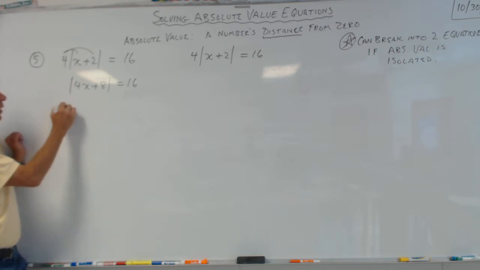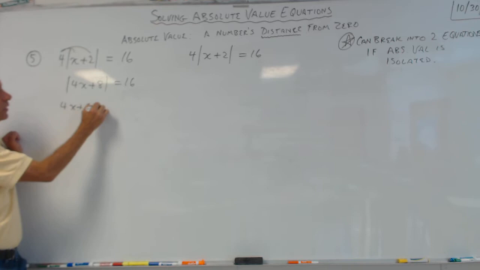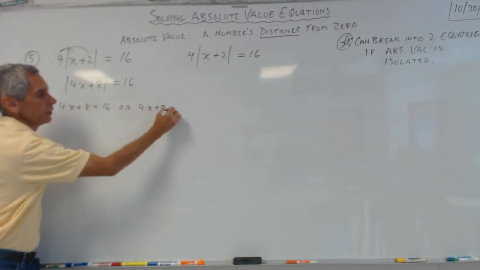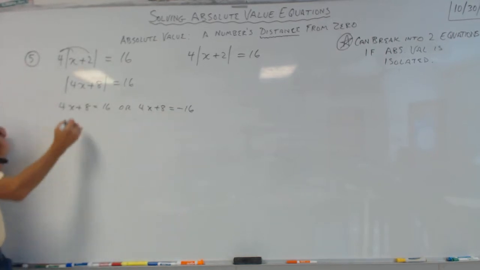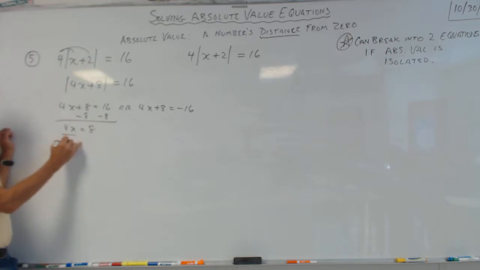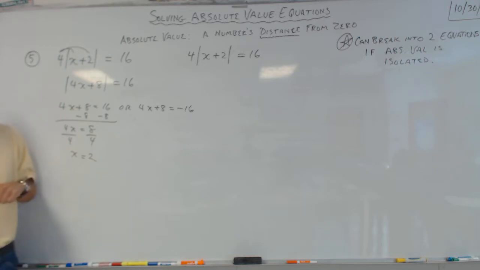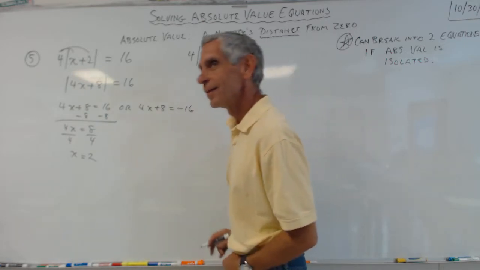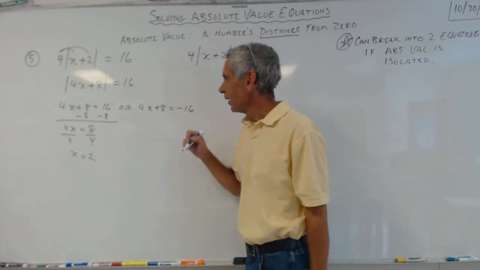So now I can do 4x plus 8 is equal to 16, or 4x plus 8 is equal to negative 16. Subtract 8, I have 4x equals 8. Divide by 4. You guys know how to do this part. That's why I'm going too fast, right? I'm sorry.